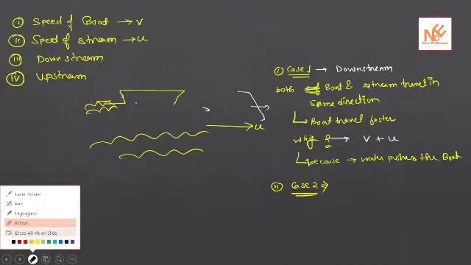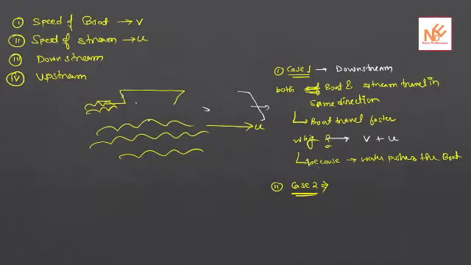Let us consider this diagram. The boat travels with speed v opposite to the direction of the water. The boat and stream are in different directions.